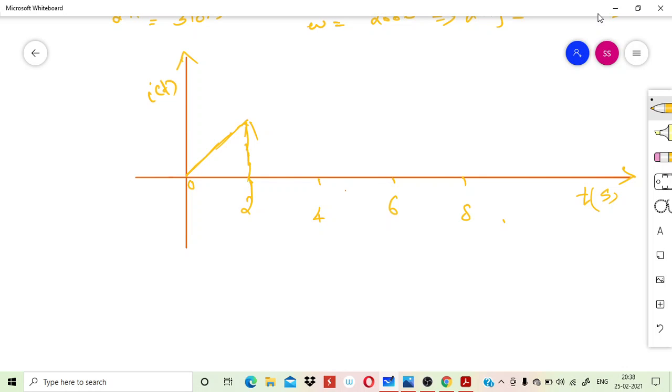And 2 to 4, I have a waveform like this. And from 4 to 6, I have a linear graph, and again I have this. Okay, this is what our waveform looks like.